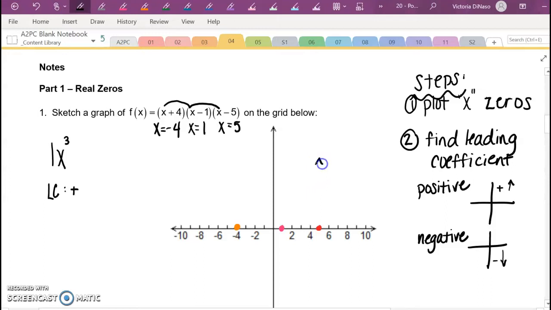So therefore, I'm going to put an up arrow. Then we just have to connect the dots. So we're going to go from the arrow through my red dot, through the pink dot, and through the orange dot. And this is a rough sketch of this function, f of x equals x plus 4 times x minus 1 times x minus 5.